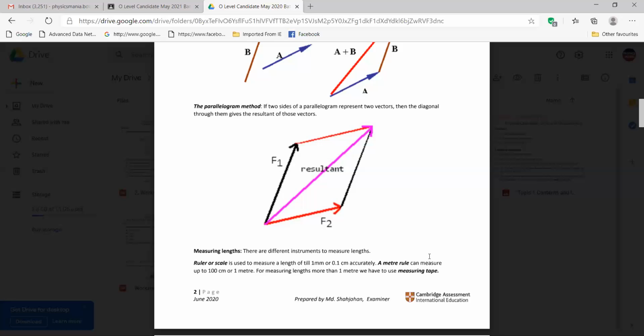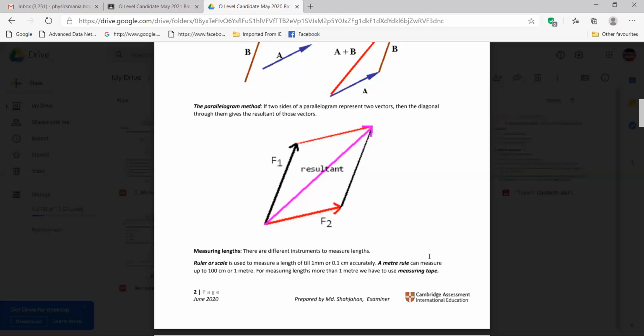And if the length is more than 1 meter, then you cannot use the meter rule or ruler anymore. Then you have to use the measuring tape. What you have to use? Measuring tape. So this measuring tape can measure all the lengths, like if they ask you to find the length of your living room or drawing room, you should use the measuring tape, right?